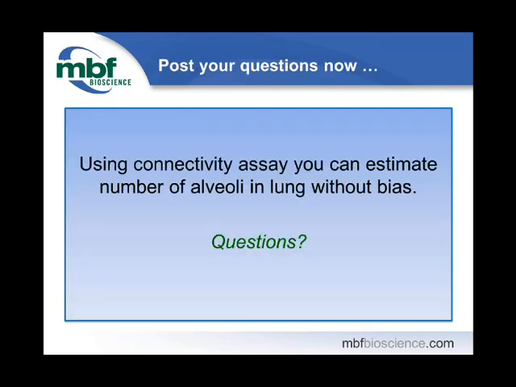And that completes my part of the presentation, and we do have time for questions now. We do have one question which came from somebody asking if they could use the program without the microscope because they have a TEM. So you would want to use the EM images to do the data.